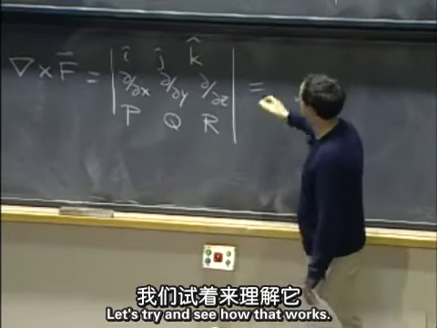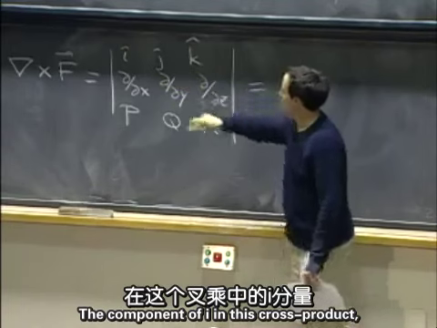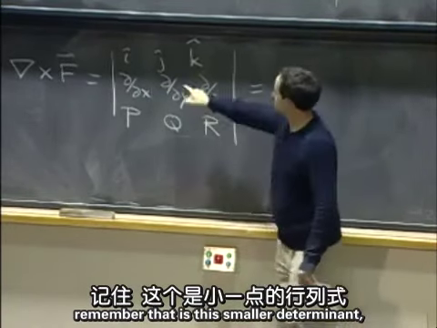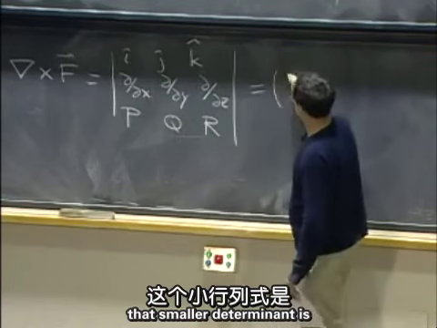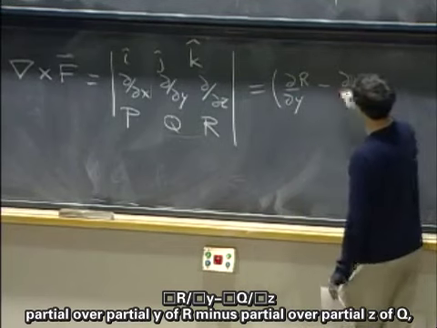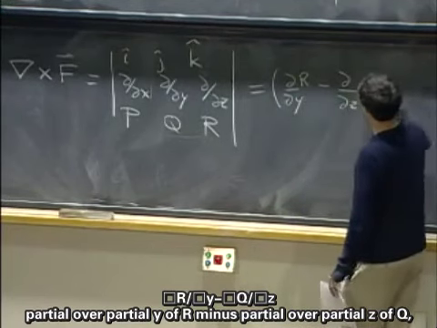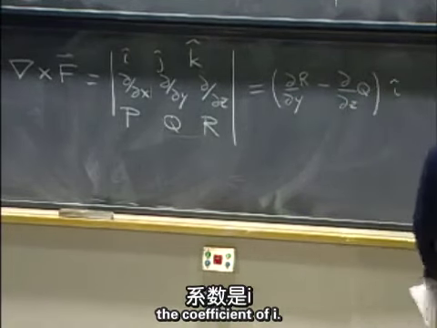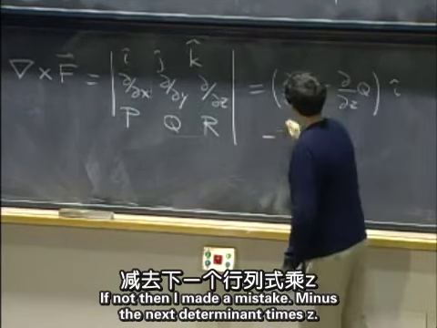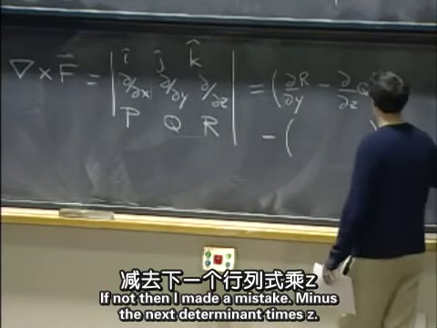So let's try and see how that works. The component of i in this cross product, remember that's this smaller determinant. So that smaller determinant is partial over partial y of R minus partial z of Q. That's the coefficient of i. And that seems to be what I had over there. If not, then I made a mistake. Minus the next determinant times j.